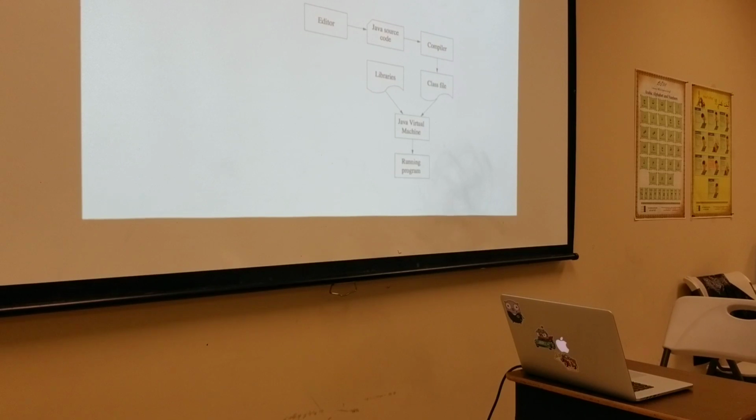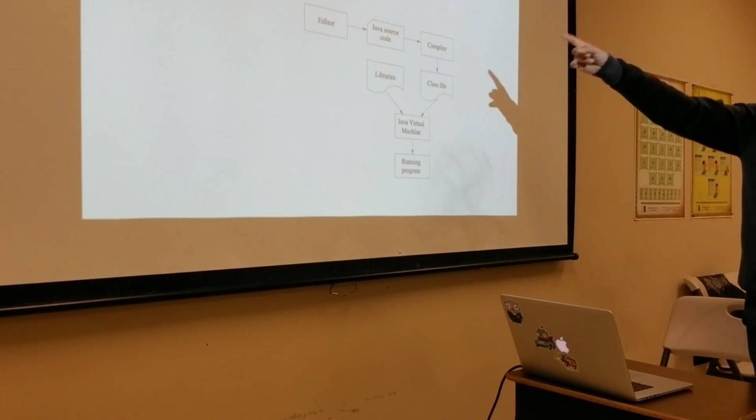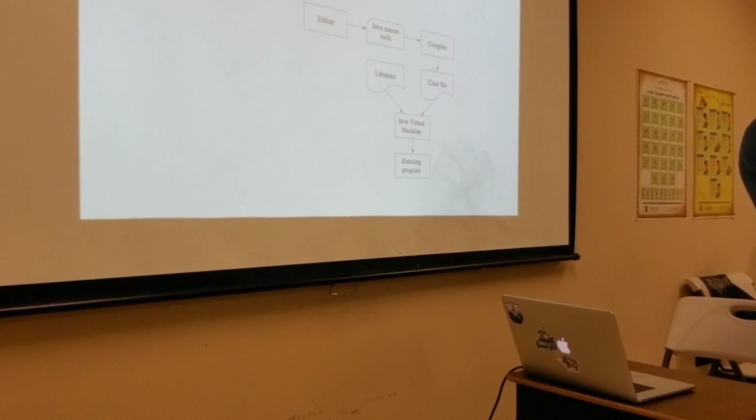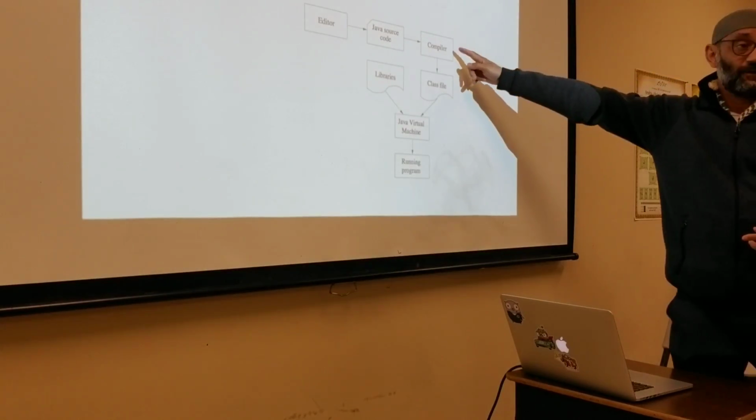JDoodle, where we write, that is an editor. What she was showing, Eclipse, that is an editor. What do you do in an editor? You write Java source code. What do you do with Java source code? When she was showing us the code, she did run. When she did run, it did not mean run the code directly, because you have to compile.